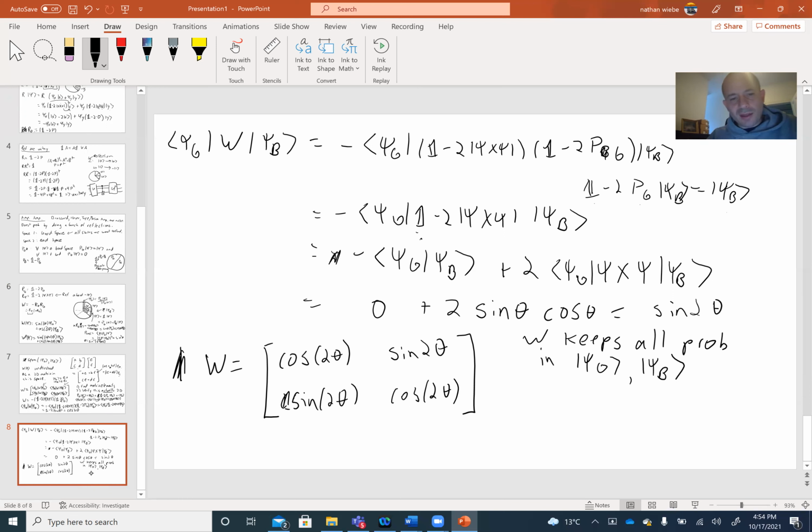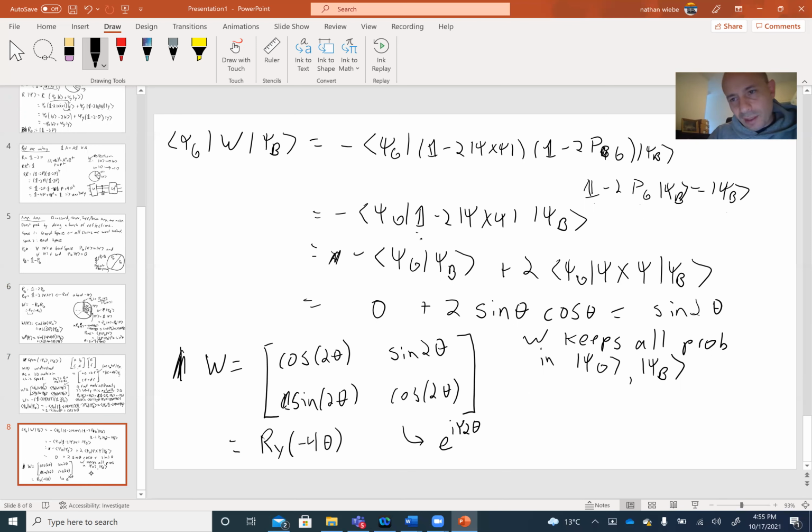Furthermore, we can see that in the space, W is the exact same matrix that we would see from Ry of minus 2 theta. Okay, might be 4 theta. I hate these factors of 2. But in any case, this over here is the same as e to the i y 2 theta.